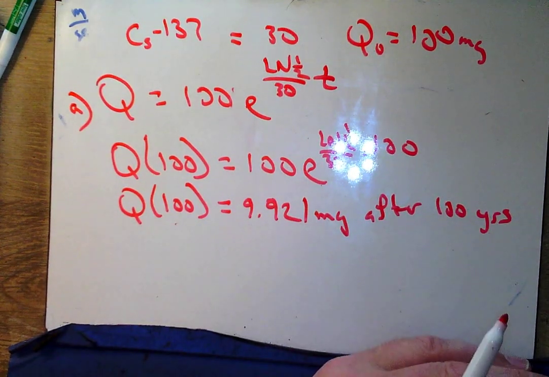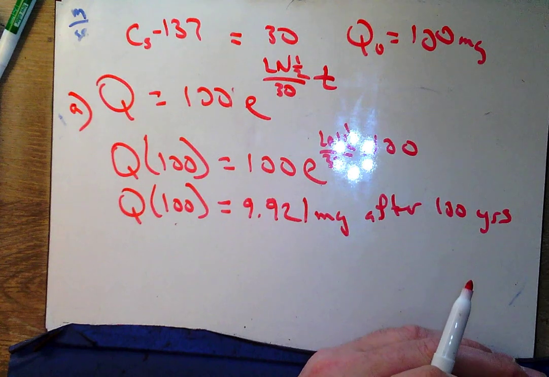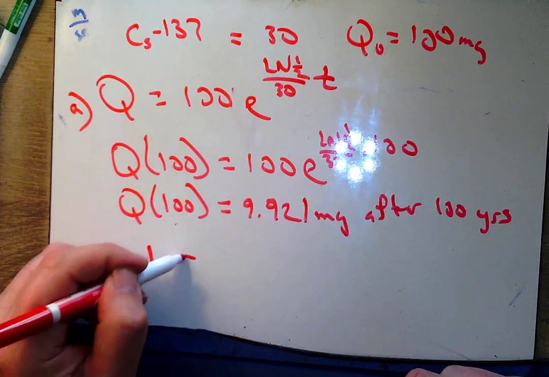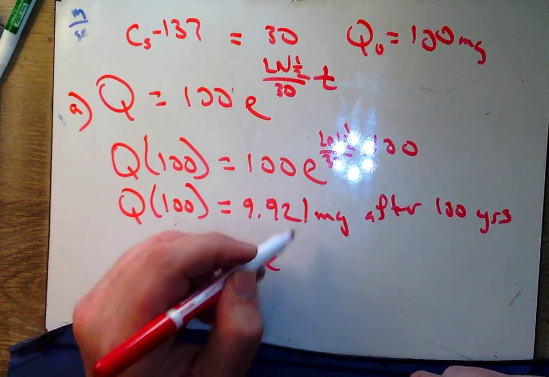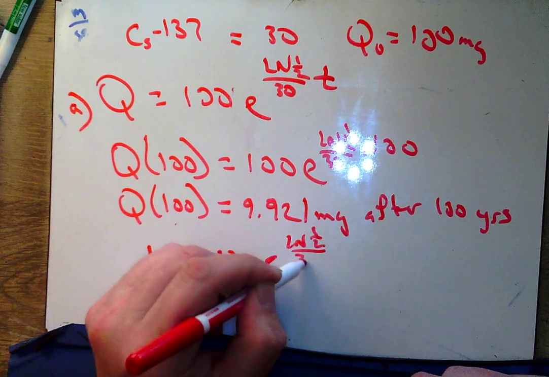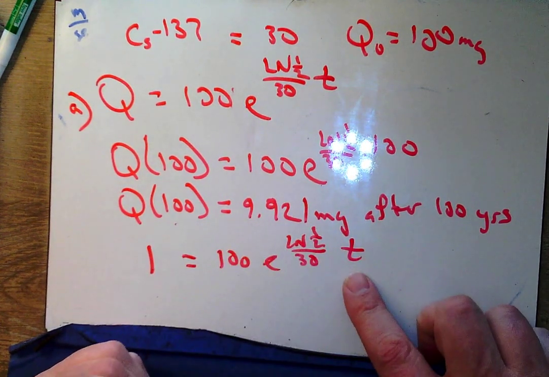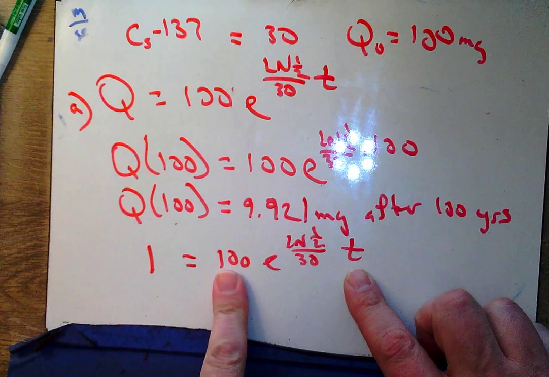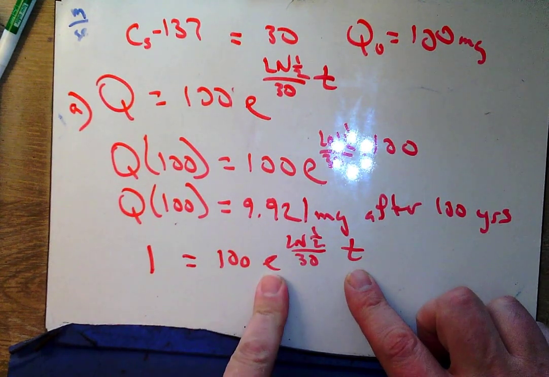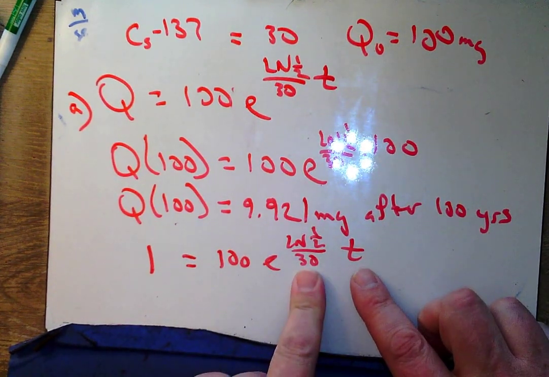Okay, and how long until only 1 milligram remains? Well, 1 equals 100 e to the ln of a half over 30 t. I'm solving for t. So I'm going to divide by 100. I'm going to take the ln of both sides. I'm going to flip and multiply.